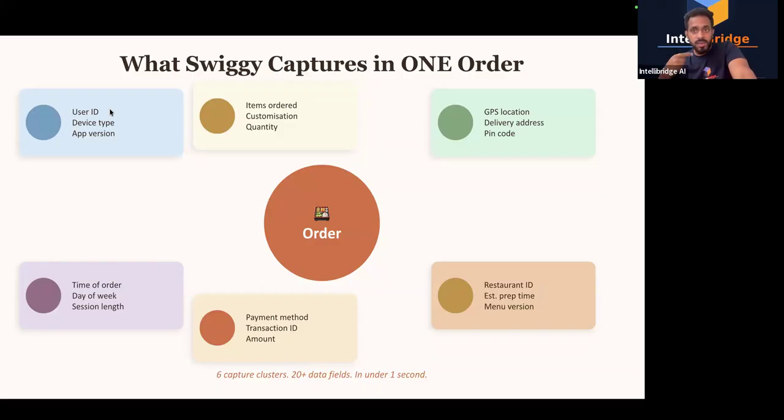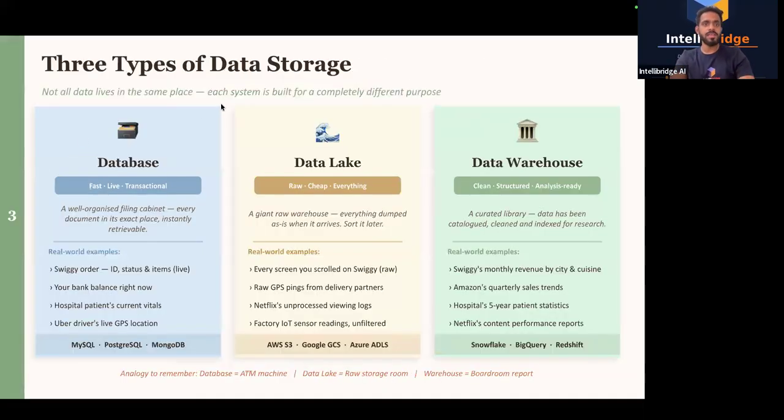Remember the types of structured and unstructured data: the API gives you semi-structured data, with the JSON format that we were discussing. So all these will be collected, correct?